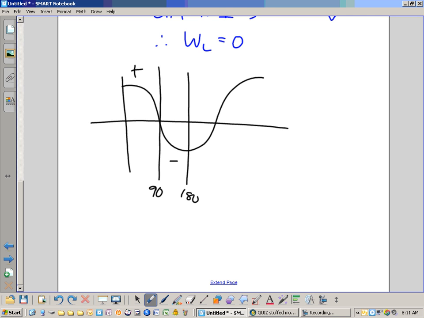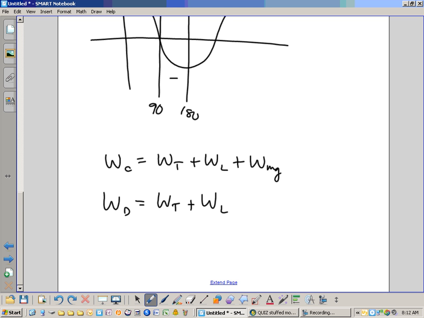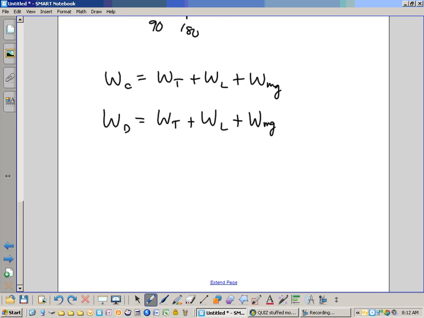So even without doing any math at all, we could see that the total work in the climb is going to be equal to the work done by the thrust, plus the work done by the lift, plus the work done by its weight. And the work done during the dive is the work done by thrust, plus work done by lift, plus work done by the gravitational force vector.